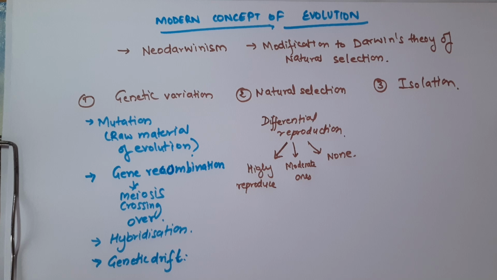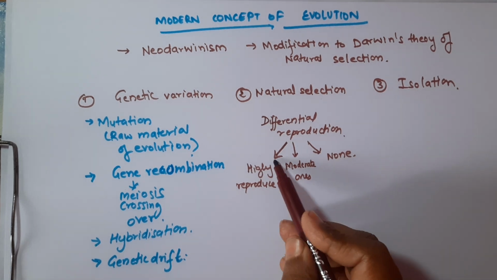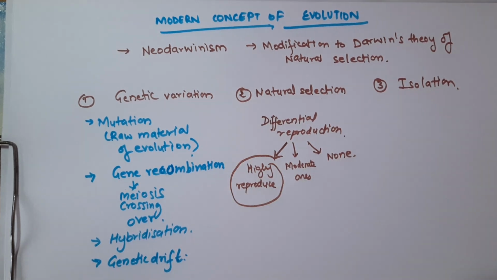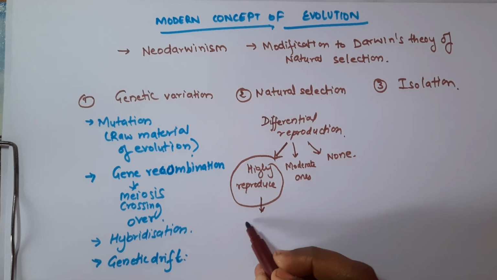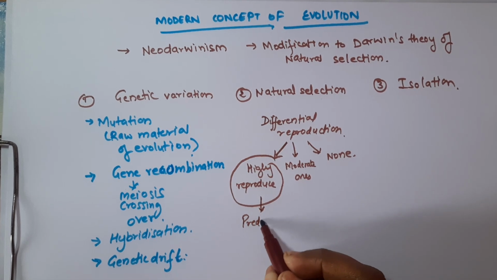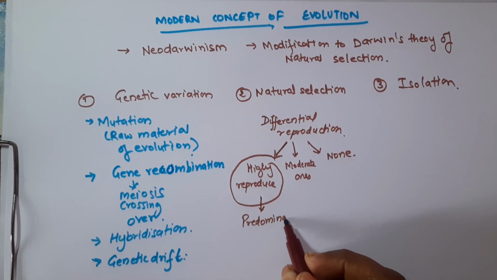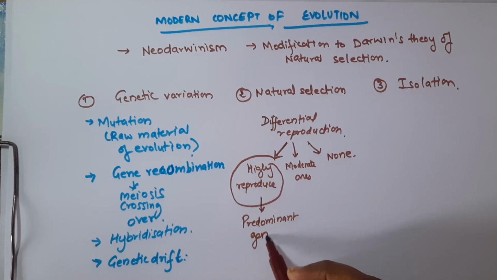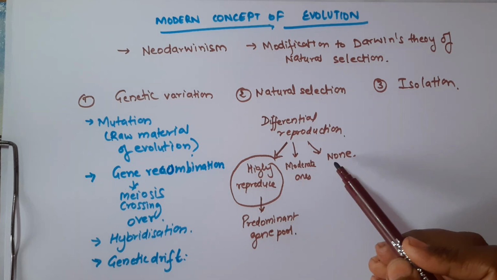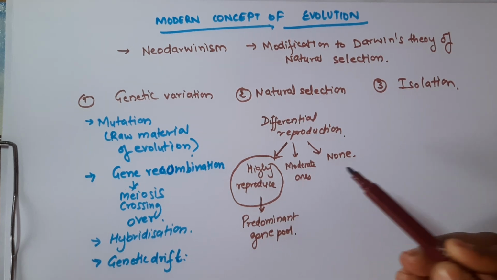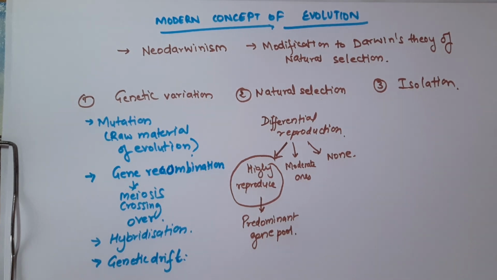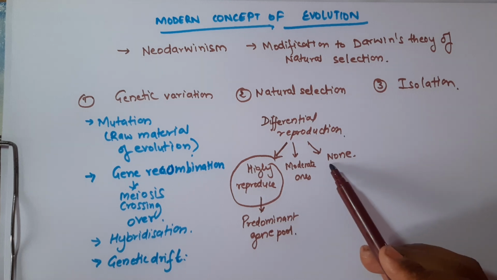So in the course of evolution, those which are highly reproducible, their gene pool will become the predominant gene pool. And those which are not reproducing or giving rise to new individuals will, at a certain point of evolution, vanish since they are not producing any offspring.